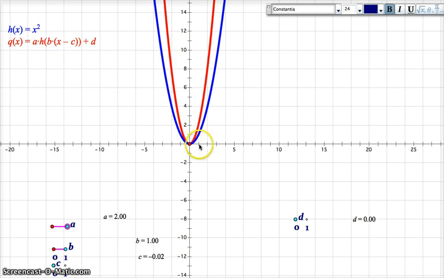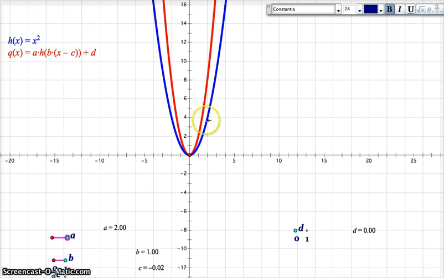So that before, when we had x is 1, we had y is 1. But now, when we have x is 1, we have y is 2. Before, when we had x is 2, we had y was 4. Now we have x is 2, y is 4 times 2, or 8. So the graph is actually rising more quickly.